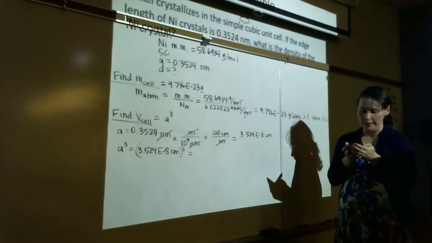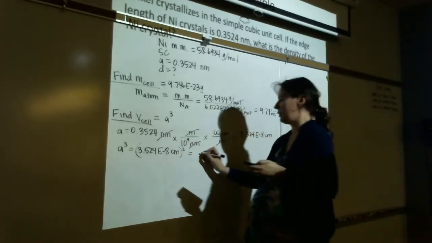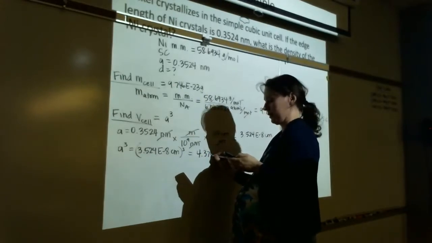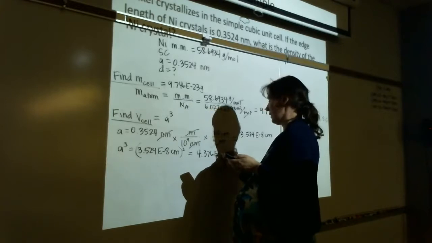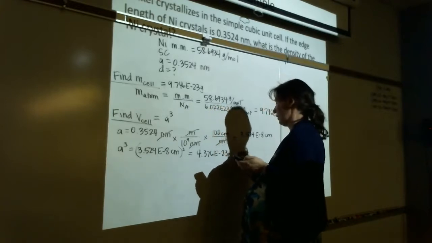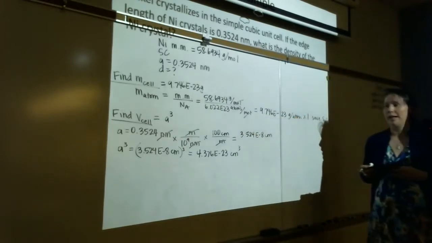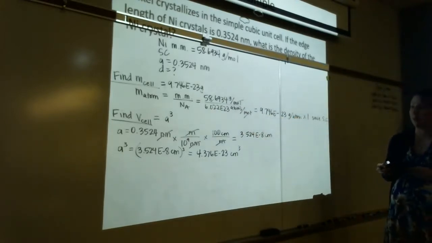When I cube that, I get 4.376 times 10 to the negative 23rd centimeters cubed. Now, if I wanted to convert that to milliliters, that's the same thing.